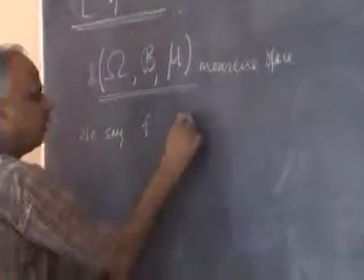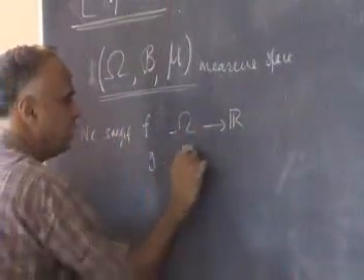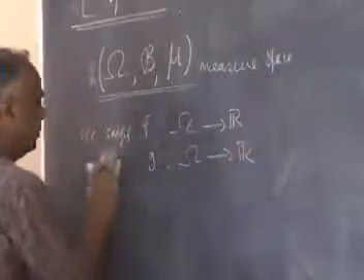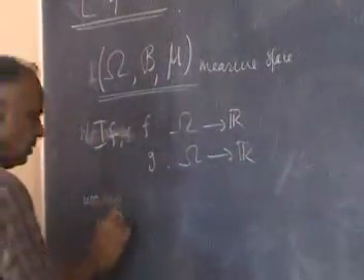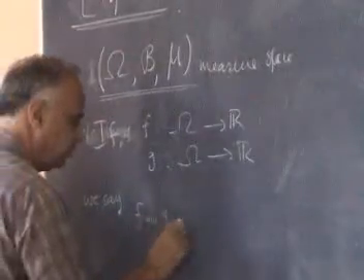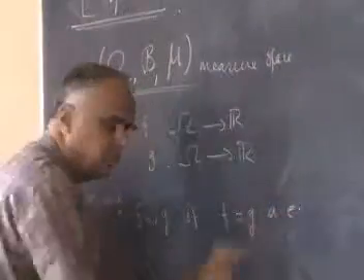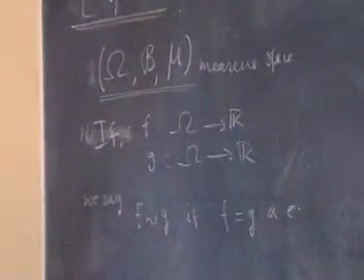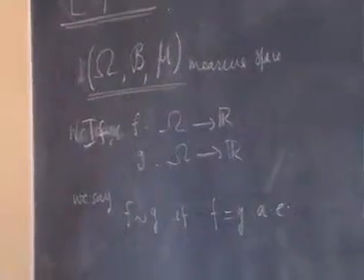So F mapping omega to R, G mapping omega to R, we say F is equivalent to G if F is equal to G almost everywhere. Now we have already preempted by saying it's an equivalence relation.